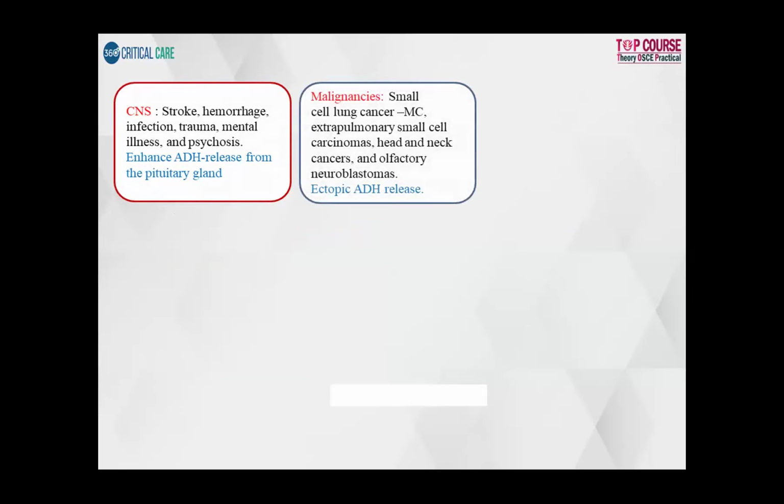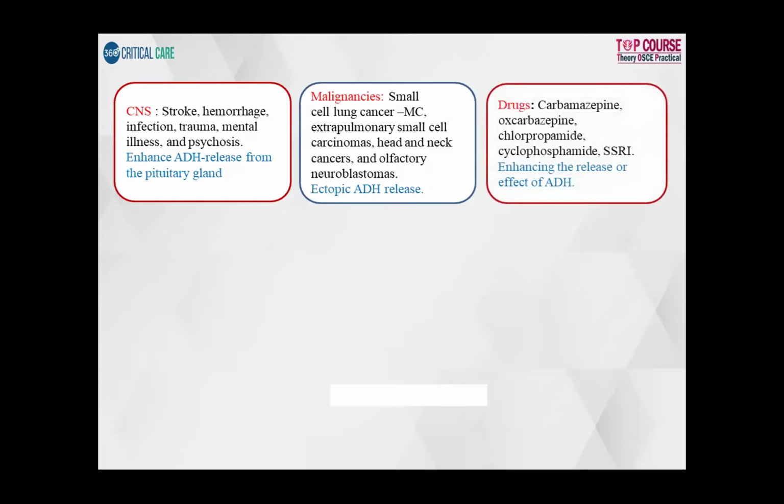The second important cause is the malignancies. The most common malignancy associated with SIADH is small cell lung carcinoma. The other malignancies could be extrapulmonary small cell carcinoma, head and neck cancers, and olfactory neuroblastomas. In these cases, the cause of SIADH is ectopic ADH release from the tumor cells.